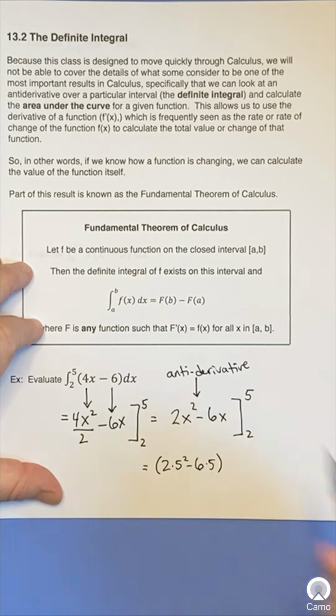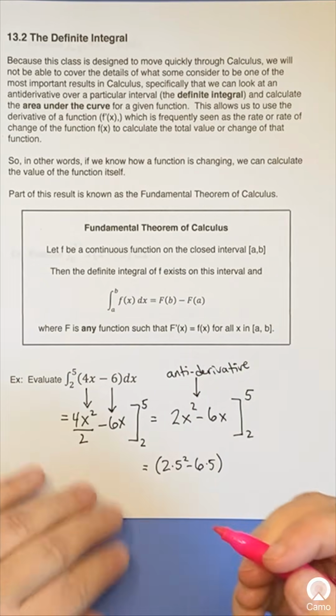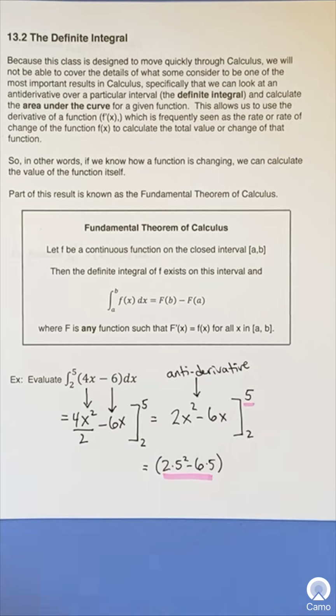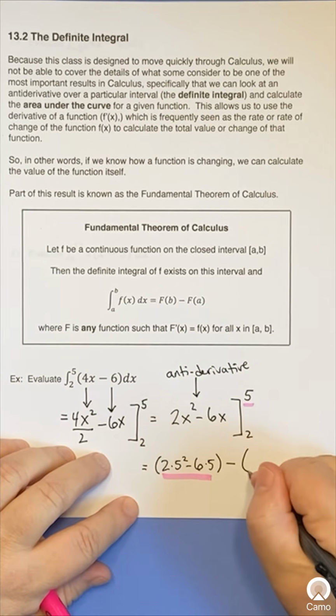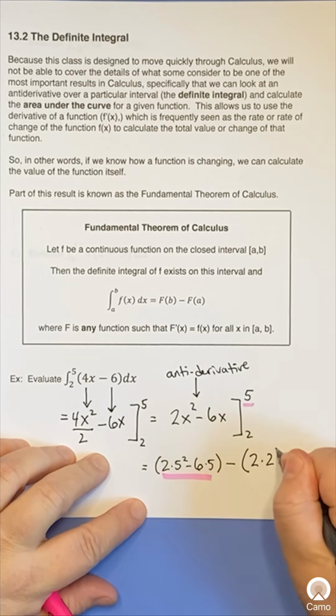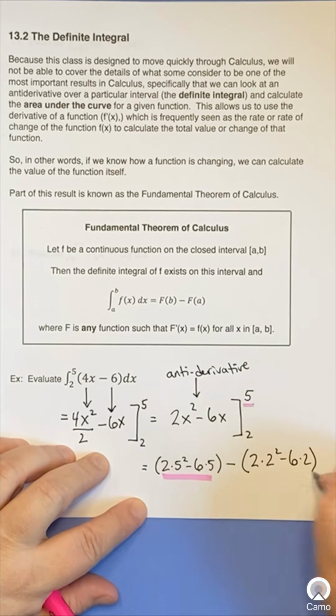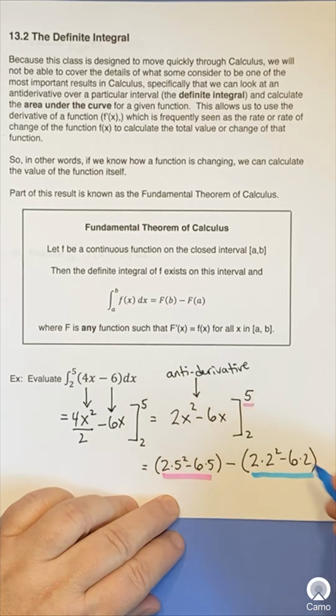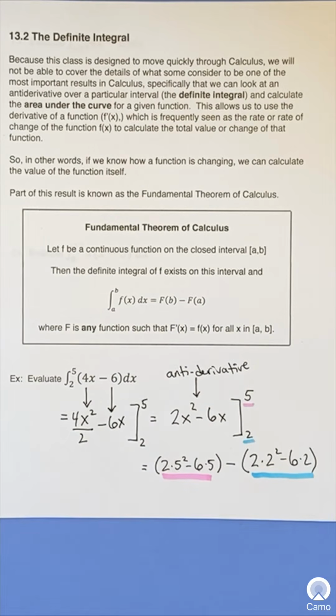There's the 5. If I call this one the pink one, the upper limit, here's that. And then I subtract the lower limit, 2 times 2 squared minus 6 times 2. I'll call that, well, we already used green, so let me use blue for that. Okay, so far so good. Is this all making sense?